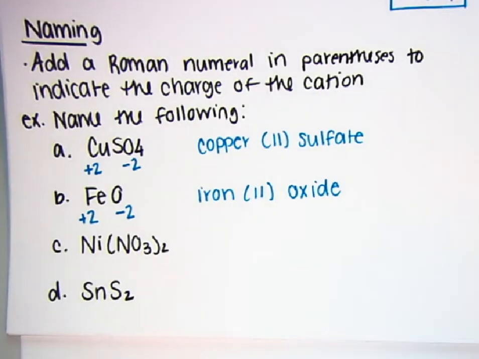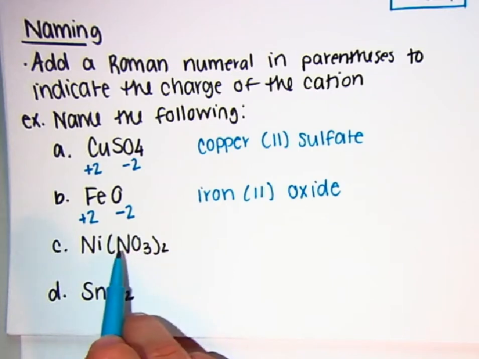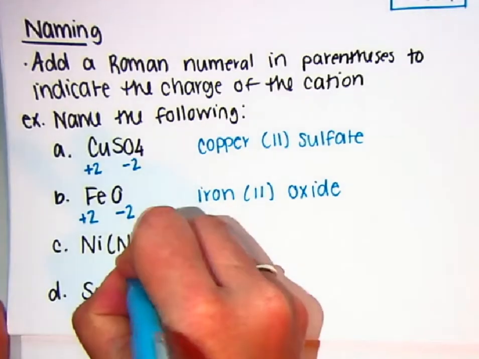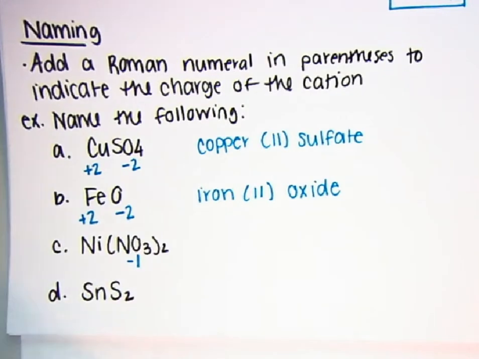C. We don't know the charge of nickel, but I can look up the charge of nitrate. This is polyatomic. It is made up of many atoms. Nitrate always has a charge of -1. But be careful because now we don't have a 1-to-1 ratio of cations to anions. I have 2 nitrate ions.